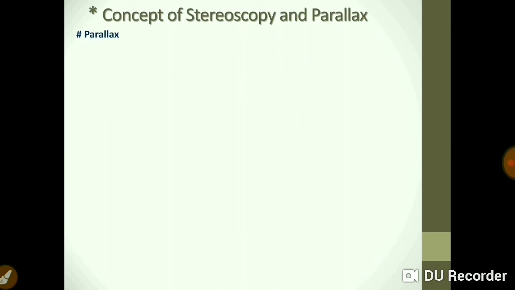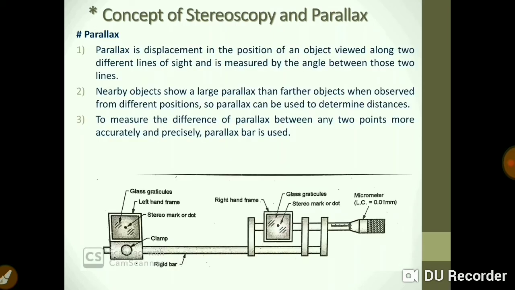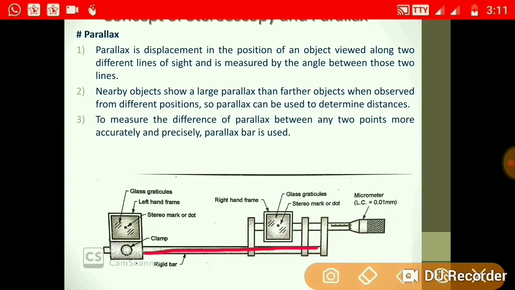The parallax bar consists of a pair of glasses, one on the left side and another on the right side, attached to a rigid bar.